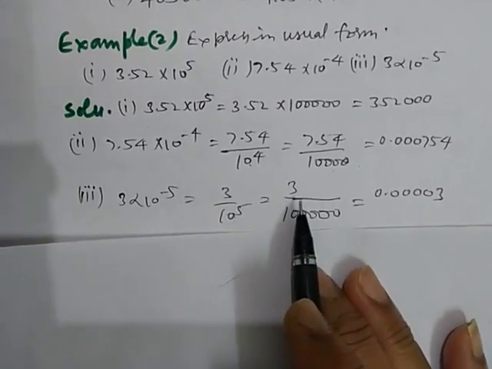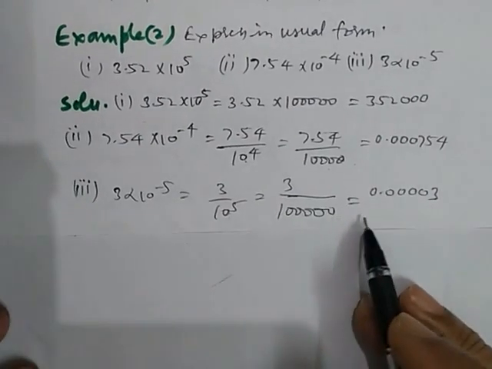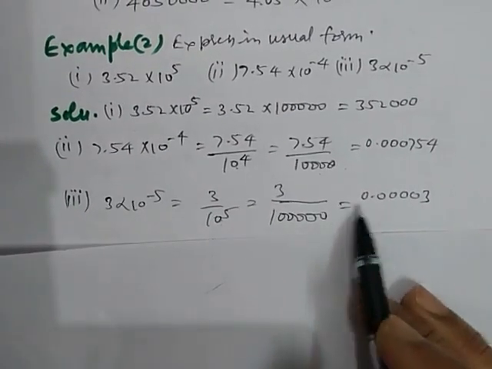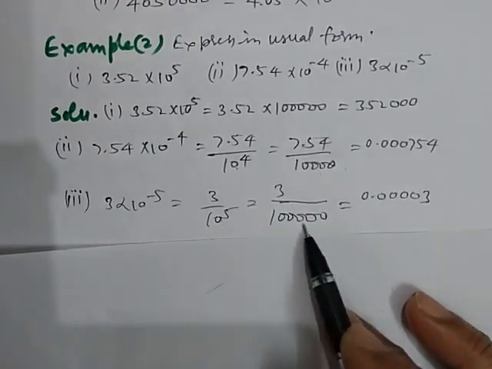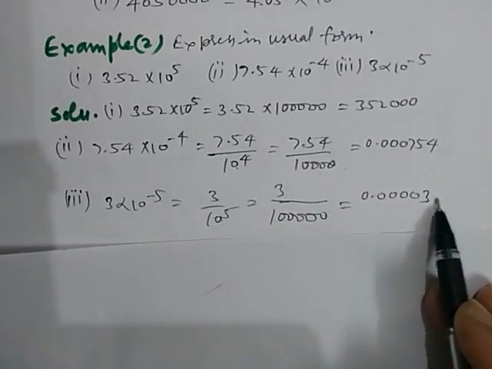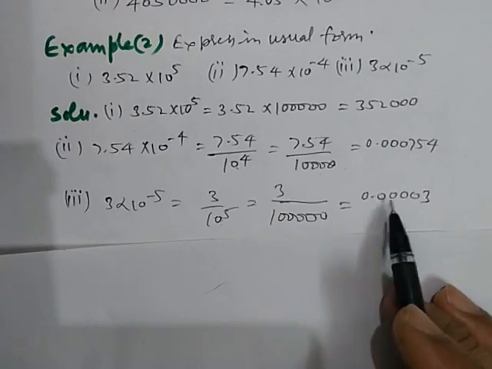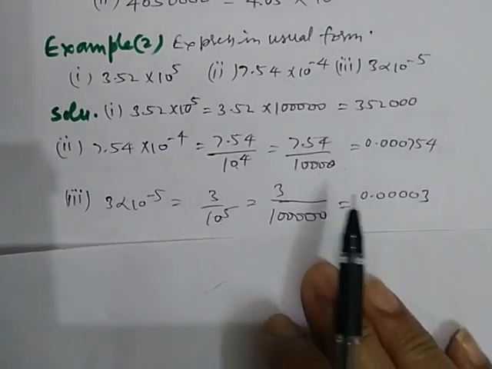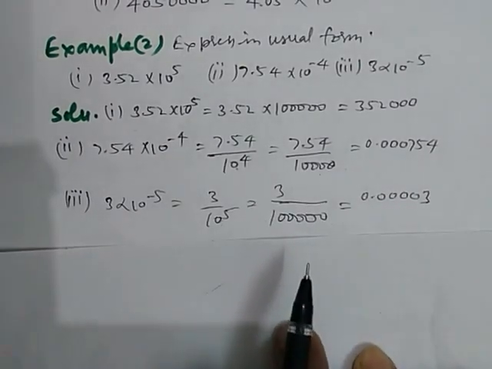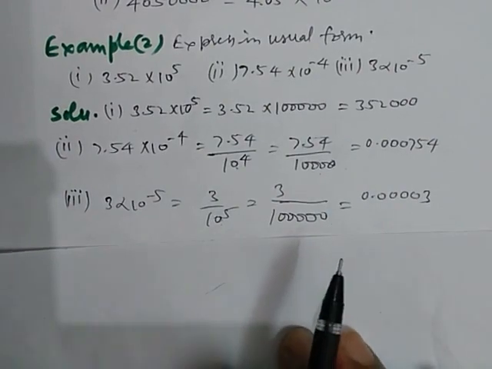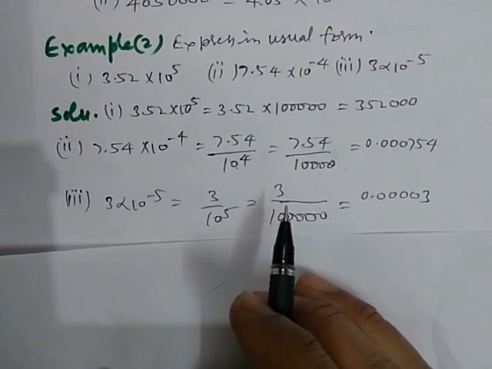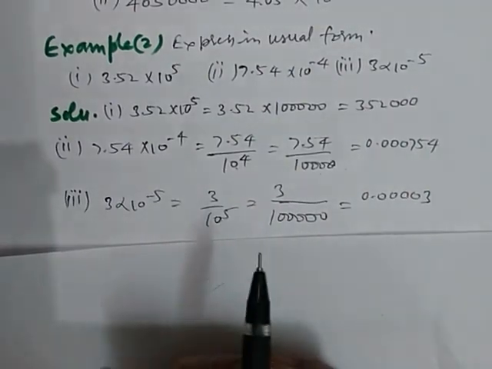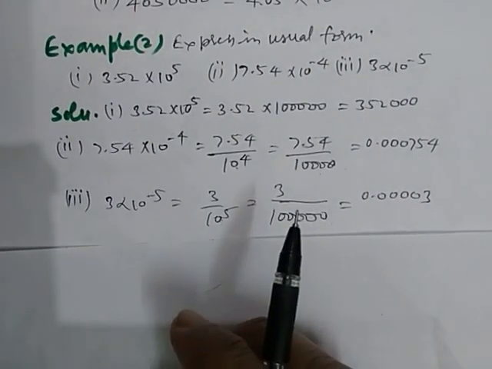By dividing 3, the decimal shifts toward the left side by 5 places: 1, 2, 3, 4, 5. So this becomes 0.00003. So this way we can convert the quantities. Okay, so it is very useful. So learn them well and solve your exercise questions.